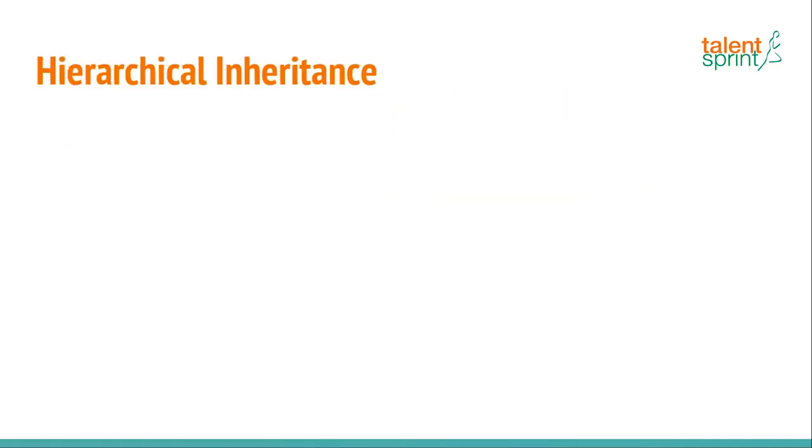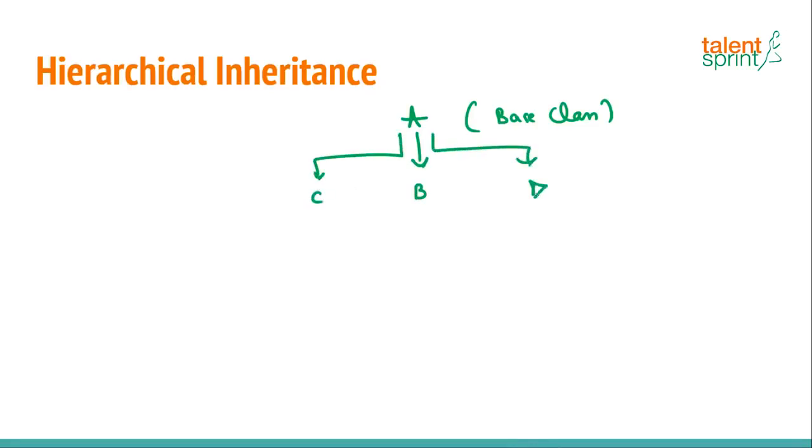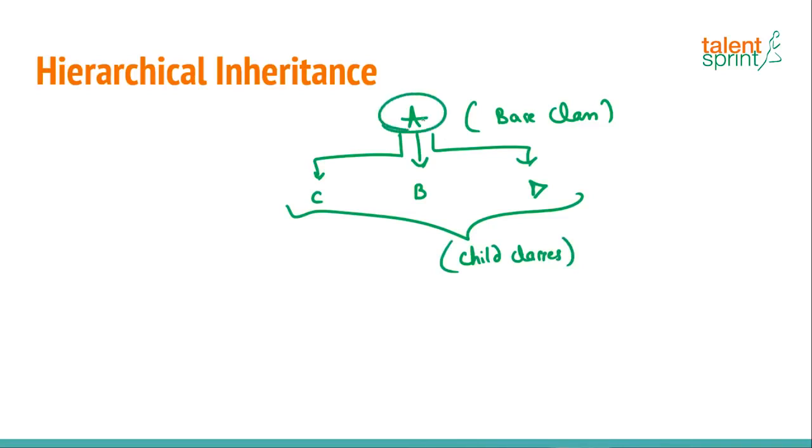Alright. Next up is hierarchical inheritance. What happens in that is one class, the base class, is extended by multiple classes. So C, D, and these are all child classes inheriting the same base class.